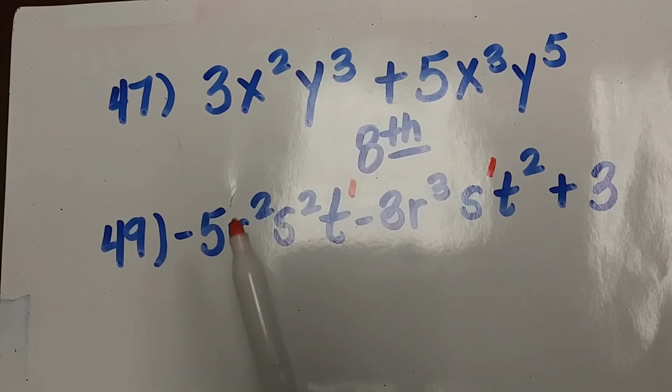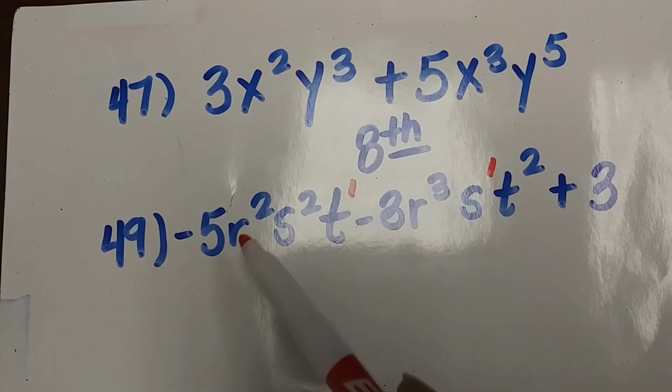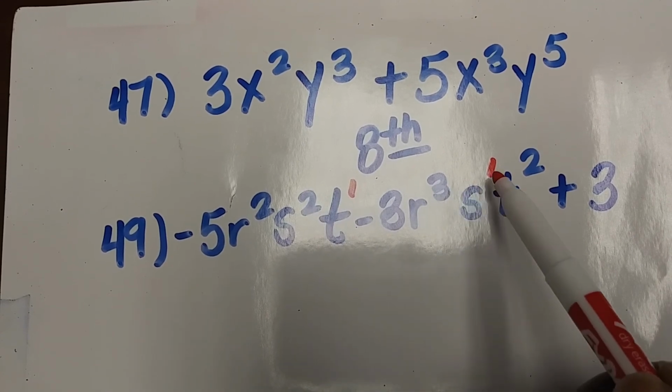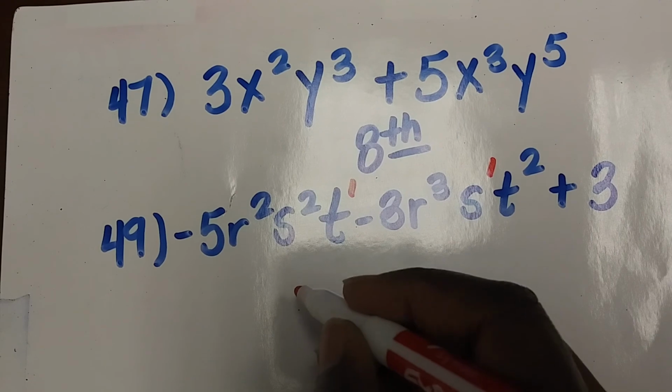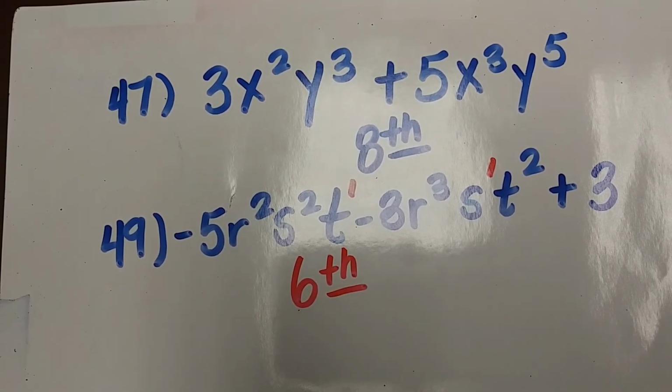Remember what I said earlier, the minus sign, plus sign, or equal sign will separate each term. So this is a term, this is a term, and that's a term. If I count my exponents, 2 plus 2 plus 1 is 5, 3 plus 1 plus 2 is 6. So my answer is the 6. Degree is your largest exponent.